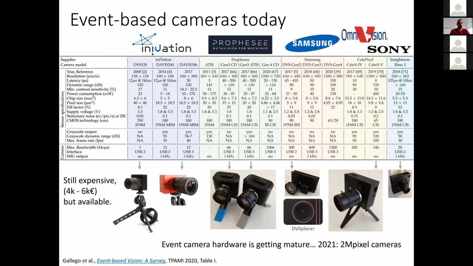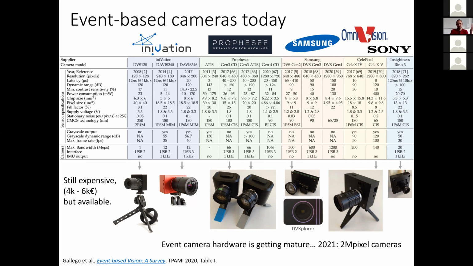Here you see that each column is a different company or a model from a company, and the rows are the characteristics of the sensors. We see that there are some startups, Prophesee, and also big players that have either been there for a long time or because they bought some startups, such as Sony or Omnivision. They acquired Insightness and CelePixel respectively.